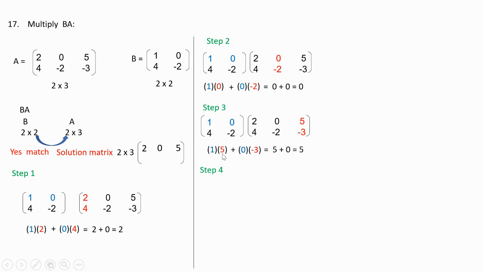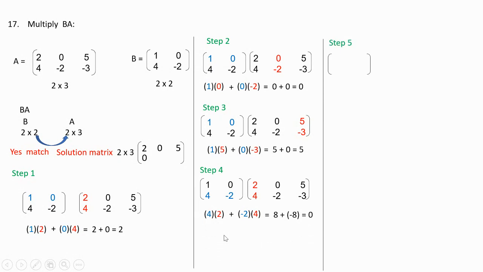So step 4, we go to the next row, which is 4, negative 2. That's why 4, negative 2 is in blue. Again, we start from the beginning, and multiply the second row times the first column. So 4 times 2 plus negative 2 times 4. This will give us 8 minus 8, which is 0. So the 0 will be the second row, first column.